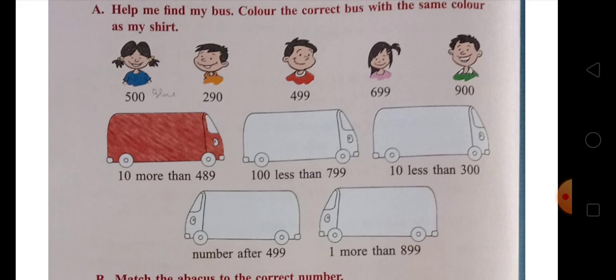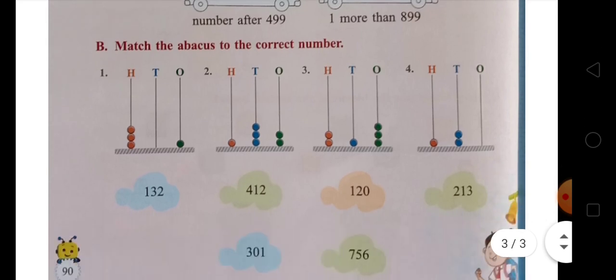First red, second pink, third 10 less than 300, 290 orange, fourth number after 499, 500 blue, and fifth 1 more than 899, 900, that is green, okay.